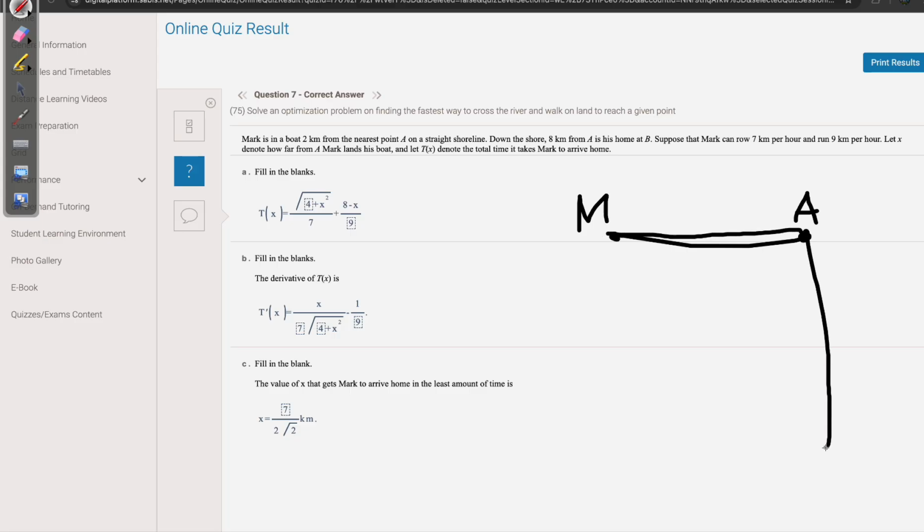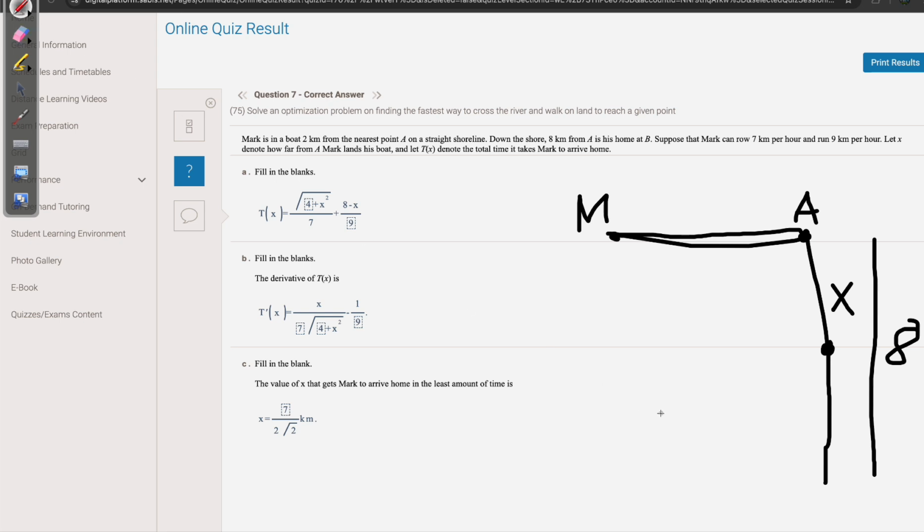And then here is, okay, now look, let's say that the entire distance from A to B is 8, we said, right? Let's take this line as X. This is because he needs to park his boat, because here they said let X denote how far from A Mark lands his boat, which is here in this case, and let T of X denote the total time.